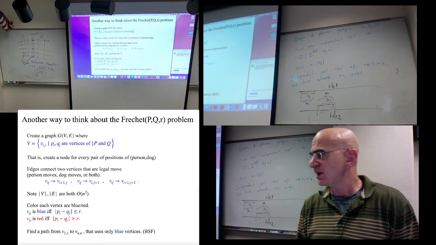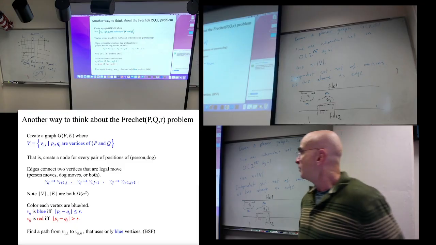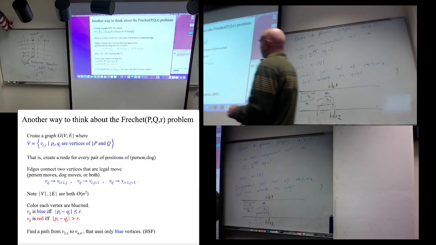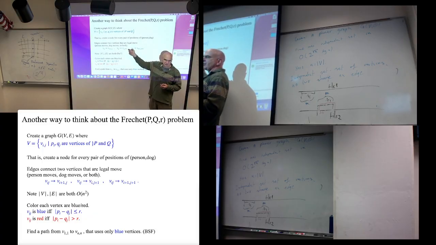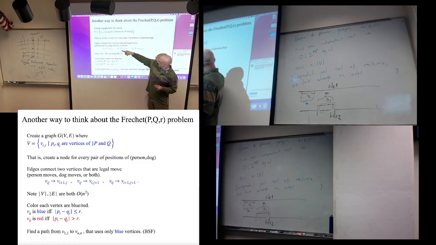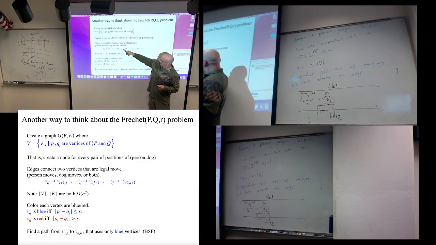to think about it as a graph. In this graph, we can move from a node ij to any allowable other nodes. If they are only allowed to move forward, then I go from ij to ij plus 1.